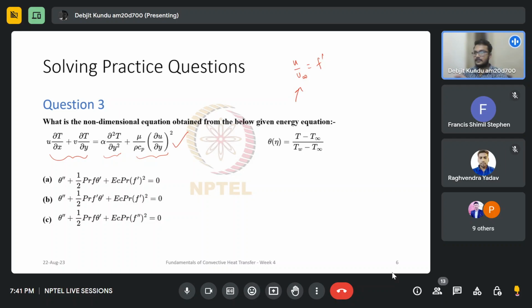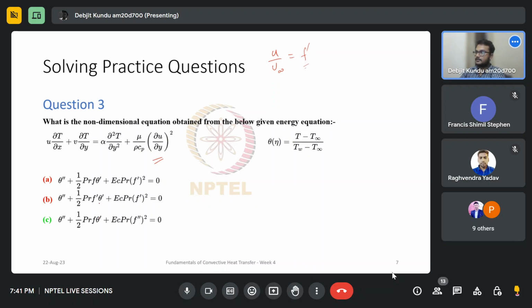Okay, so let's have a look at the solution. The solution is option C. Now, how to get there? As I said, u over u infinity is equal to f prime, right? By definition. Now in this equation we have this viscous dissipation term, dou u dou y. First of all, where does f prime lie?